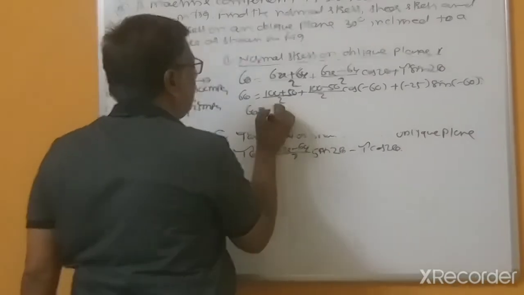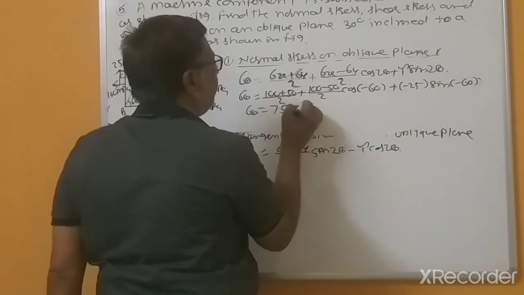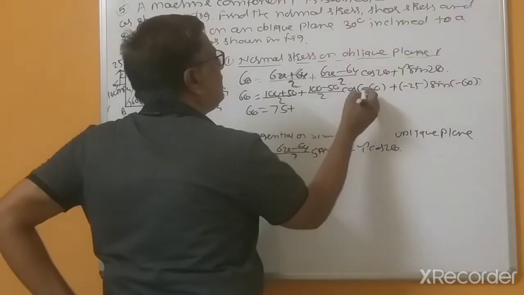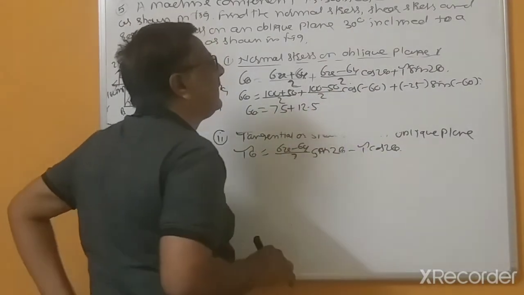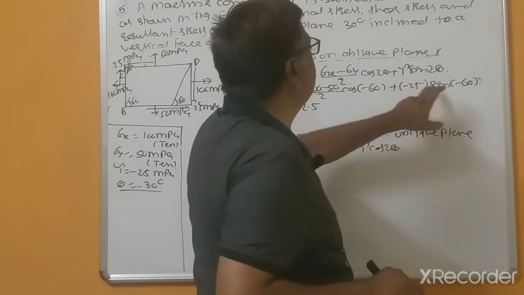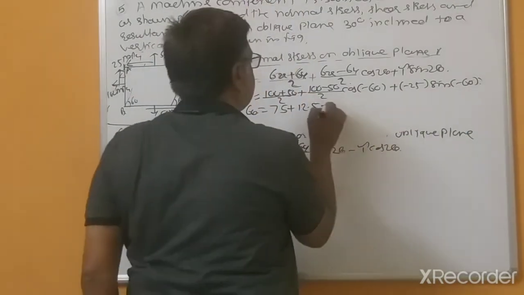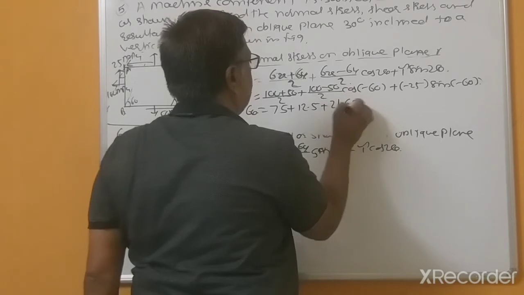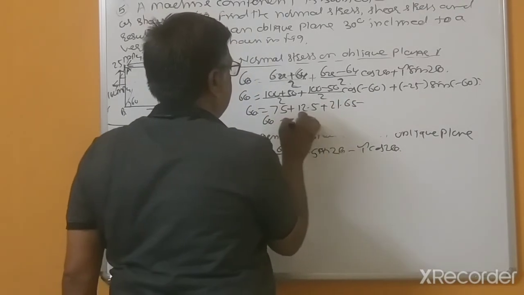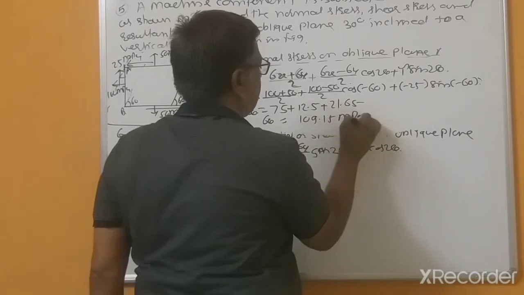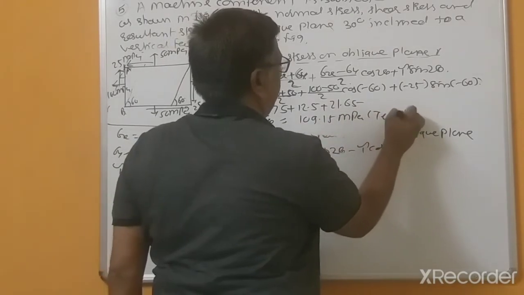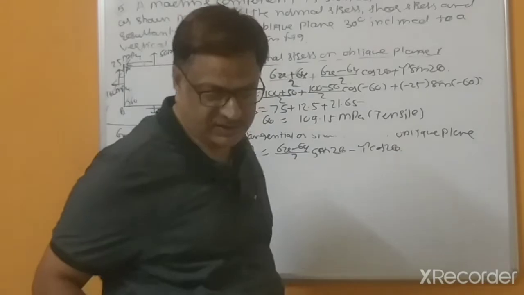This is 75, minus, this is 25 and this is 12.5, minus, this is minus become plus 21.65. So I think this is 109.15 megapascals and this is tensile. I will check these answers.